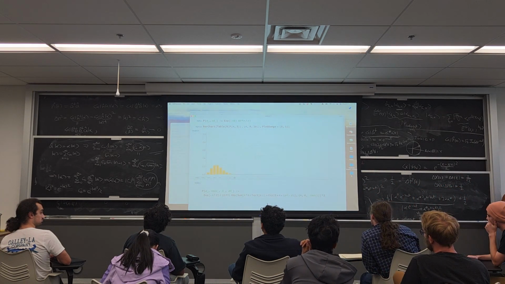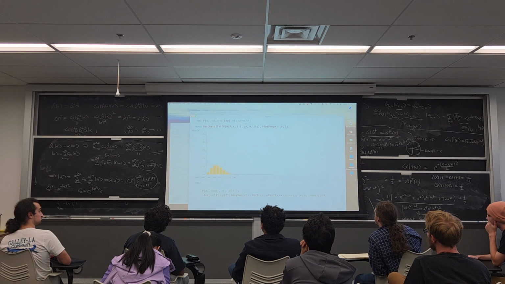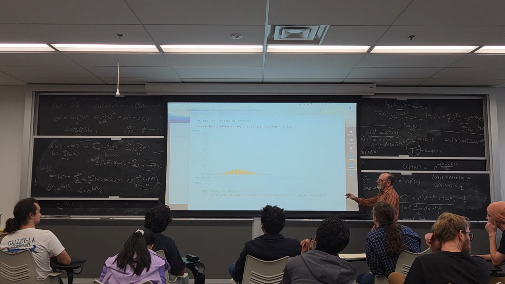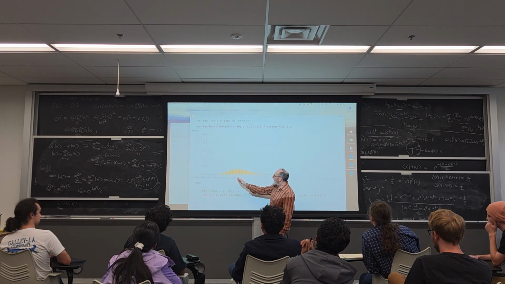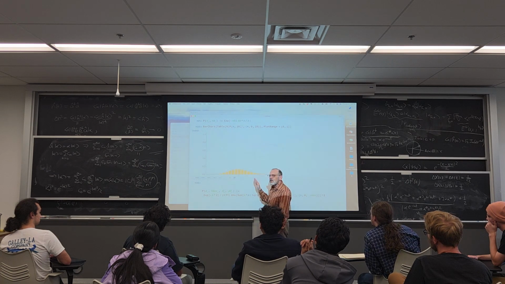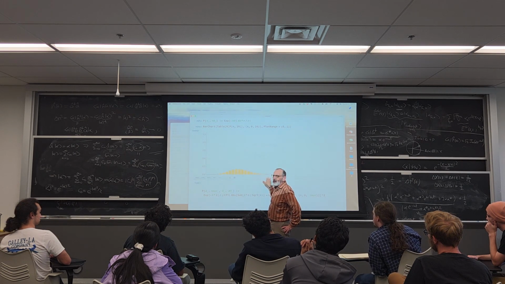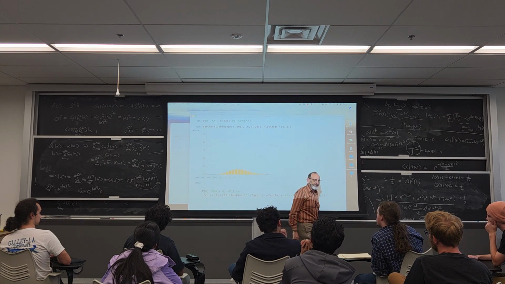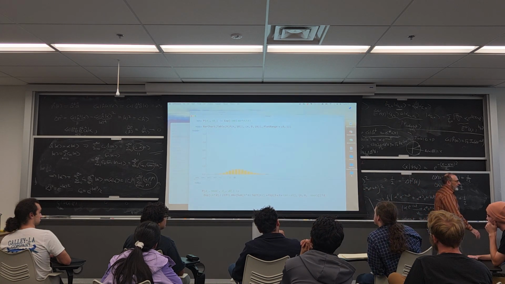If I increase the mean number of photons to 10, I see the thing shifting. The mean there is at 10, and there's fluctuation. Also notice it looks more Gaussian. That's a relation of the central limit theorem when n gets really big.